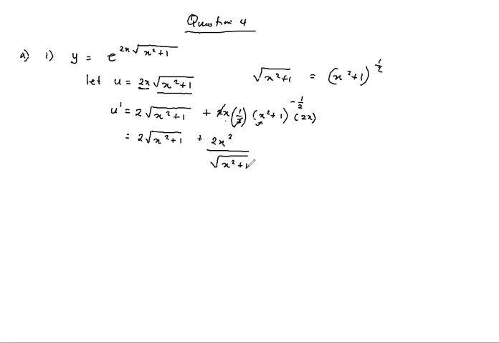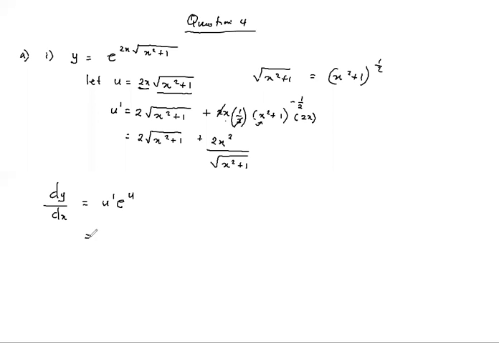Sir, how did you get rid of the e, and what was the exponent? We haven't gotten rid of the e. The e is there. We are first solving for the power. So when differentiating e, you get its power and let it be u. Then differentiate your u, because the derivative of y with respect to x is going to be u prime times e to the power u.